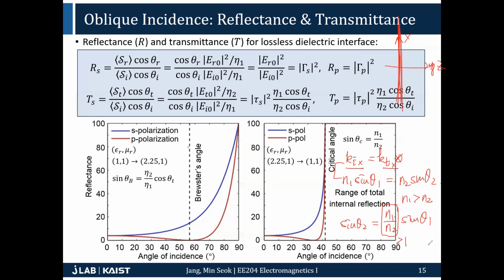And then if sine theta 1 is larger than n2 divided by n1, then this entire term becomes larger than 1. So we have no theta 2. That was our argument.